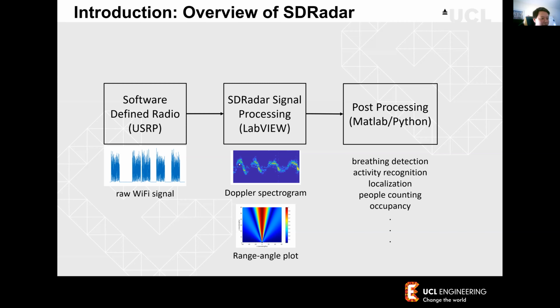Then when you get this Doppler spectrum and angle information, you store it and pass it on for post processing. For example, you can use MATLAB or Python for multiple different applications, like breathing detection, activity recognition, localization, people counting, and occupancy. All those machine learning tasks you can perform offline by using this other platform here.